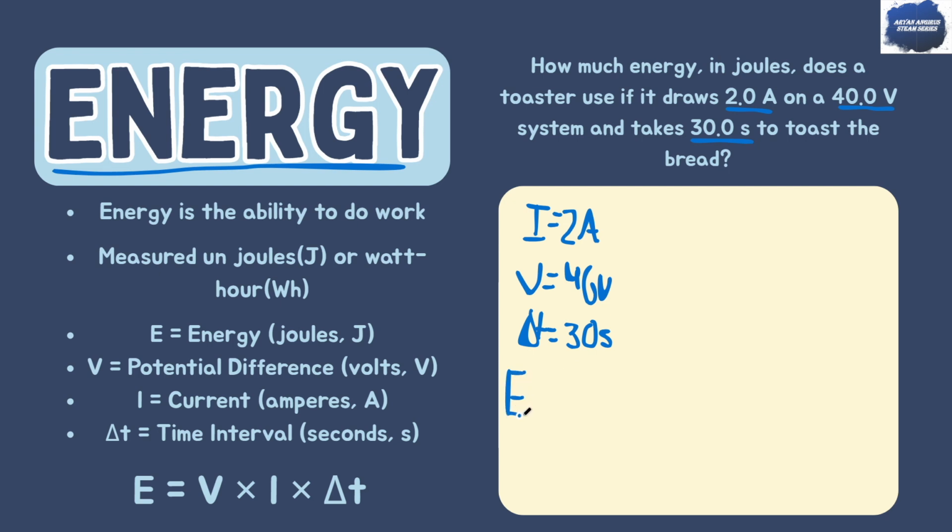So E equals V times I times delta, the change in time.